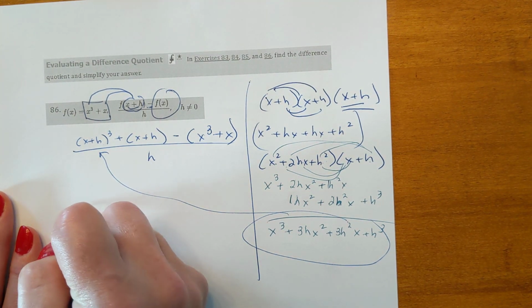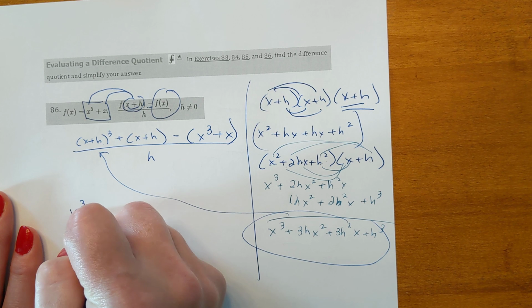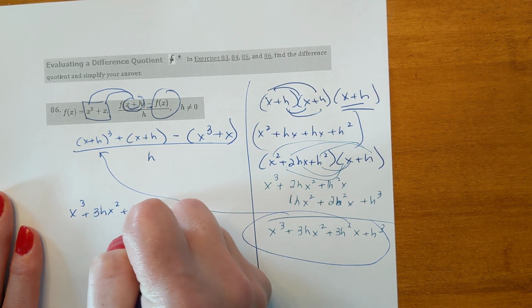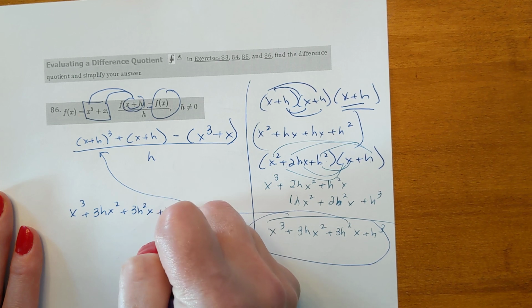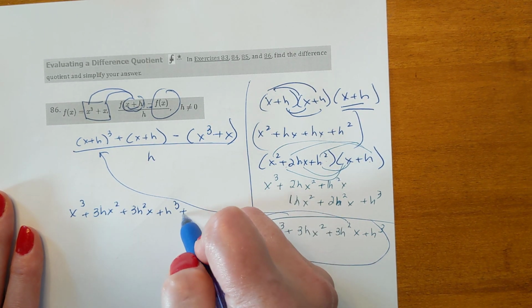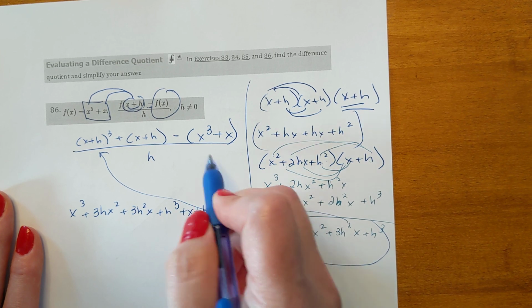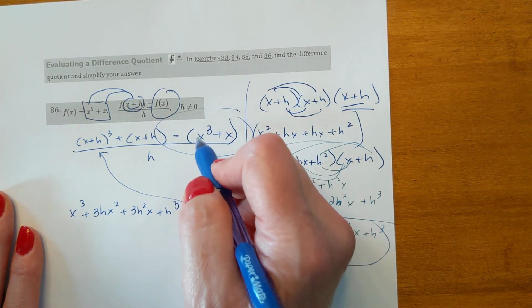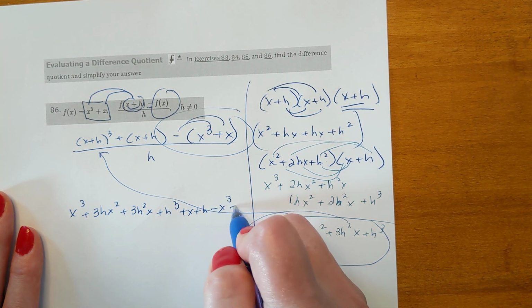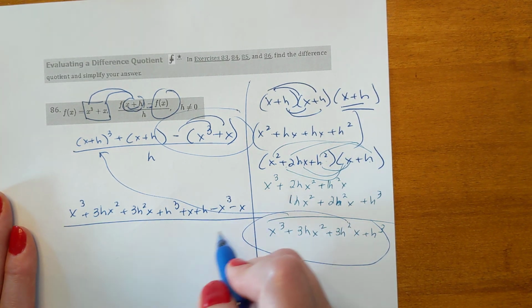So we have x to the third plus 3hx squared plus 3h squared x plus h to the third, and then it's still plus x plus h, and then minus, so you distribute that negative across there, so minus x to the third and minus x, over h.